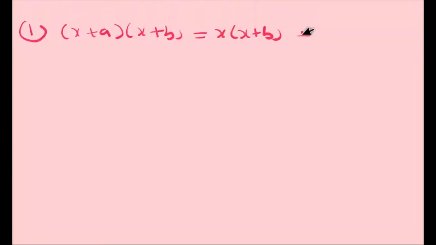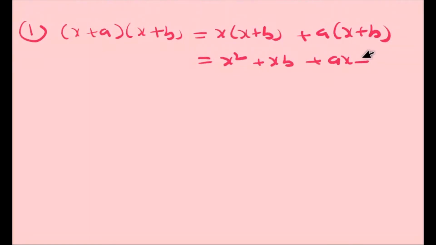Okay, first, if we multiply x plus a and x plus b, what do we get here? x into x plus b plus a into x plus b, we get x square plus xb plus ax plus a into b, ab.